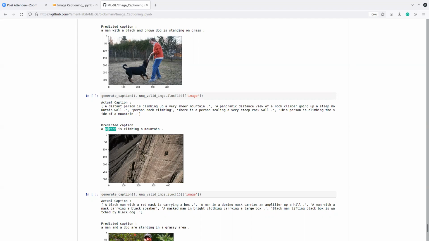There is another, more accurate way, which is to use beam search. Beam search, in general, takes into consideration each time, for example, the five words with the highest probability.